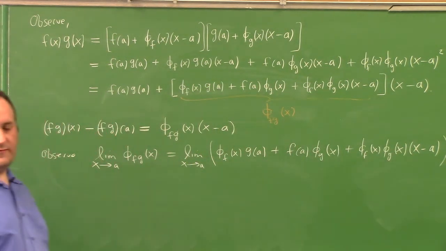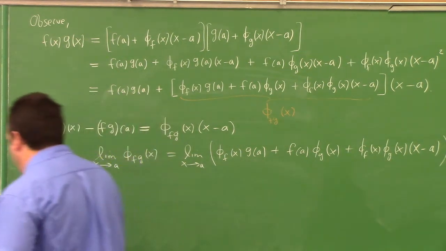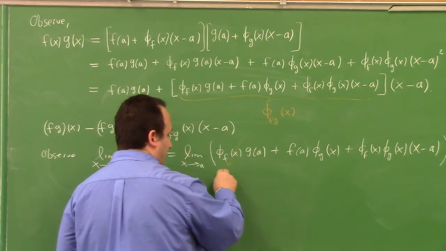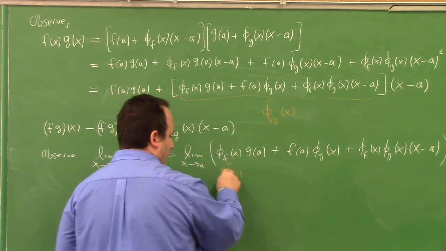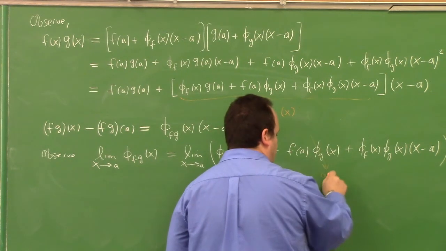So let's remember from the theorem, what did we learn? In the proof of the theorem, we learned that the value of the function phi at the point is the derivative. So the limit as x goes to a of phi of x is f prime of a. So this limit is rather fun to do. This guy limits to f prime of a, this guy limits to g prime of a.